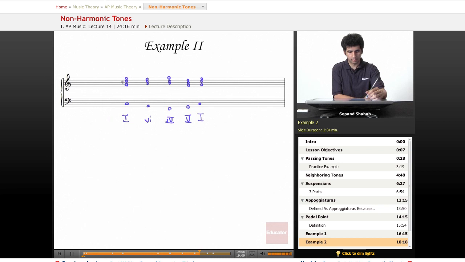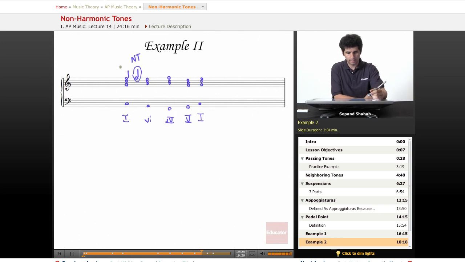So let's see. So a good place, remember, to add a neighboring tone is when we need 2 notes that are staying on the same pitch. So here's an E that stays in E. So I can add an upper neighbor here by changing this to a half note and adding an F. So here's a neighboring tone.